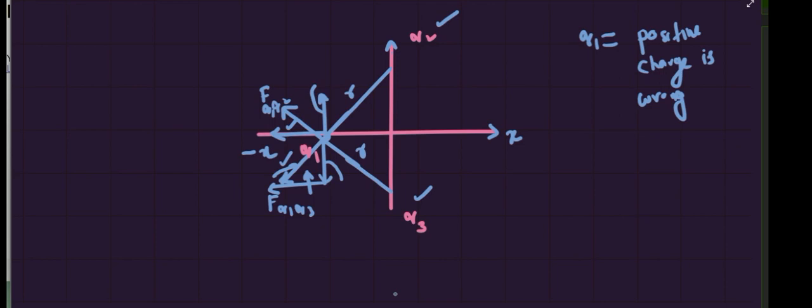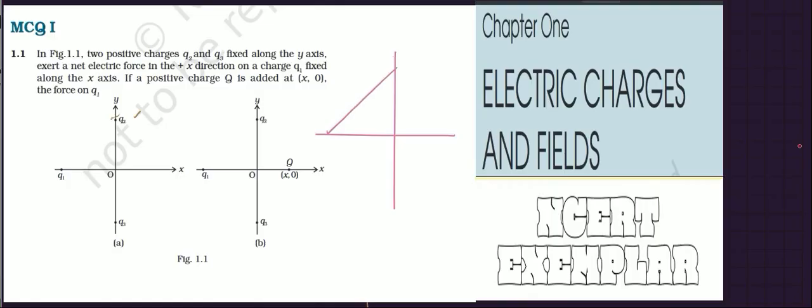So let's draw the second situation and see, if we take Q1 to be negative, what happens when we apply the vector form of Coulomb's law, whether the net resultant force on Q1 is now in the positive x-axis or not. That's a mystery we need to solve now. The force experienced by Q1 due to Q2 is attractive, for example.